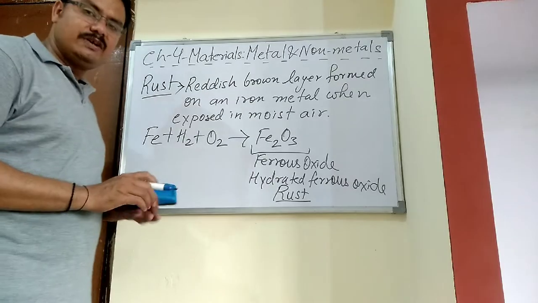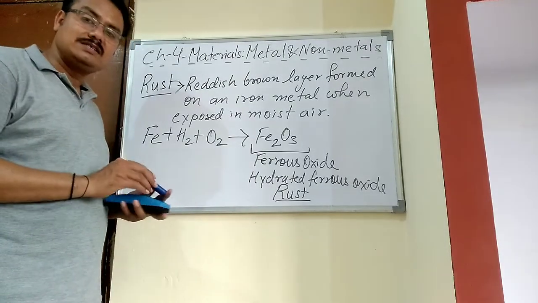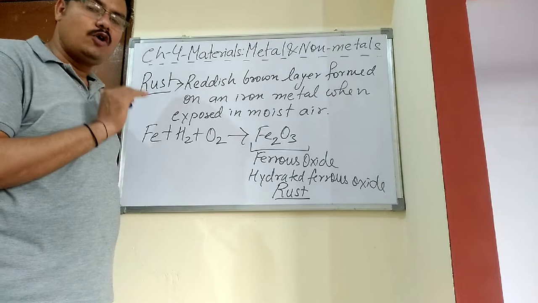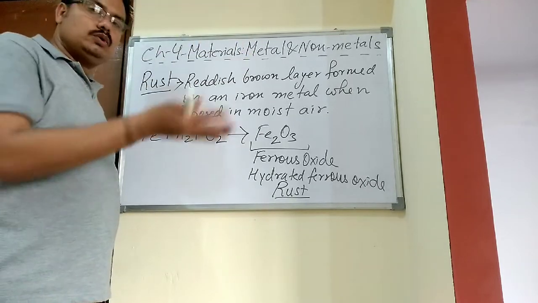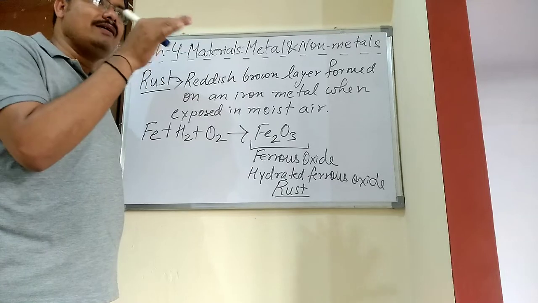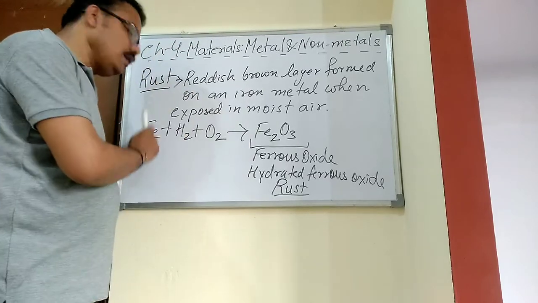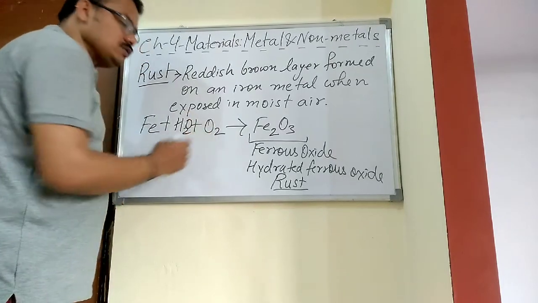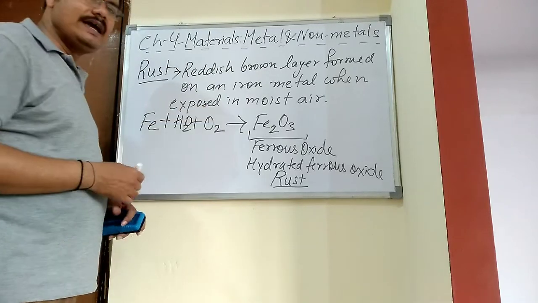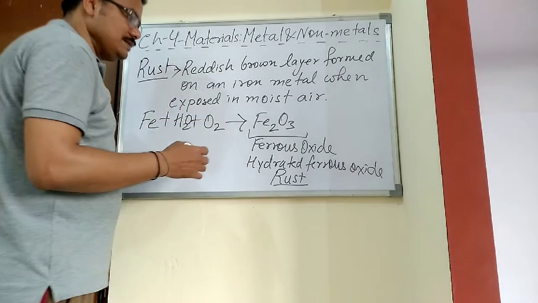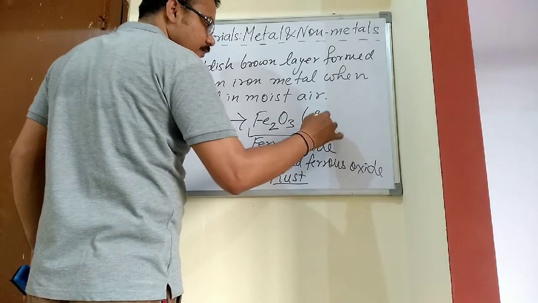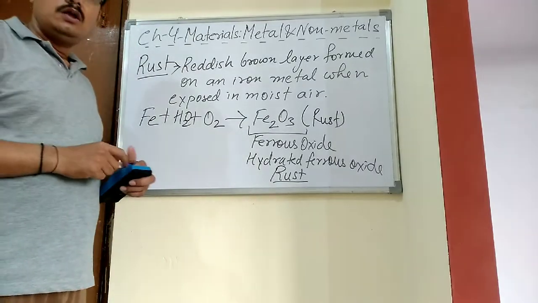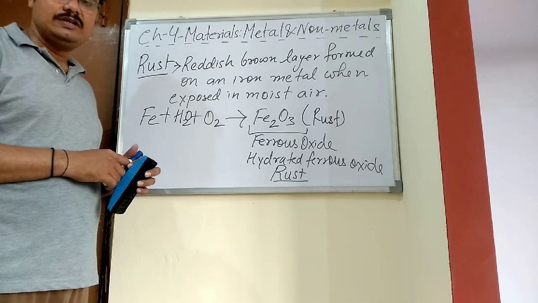I hope you have better understood what rust is and what rusting means. Rust is the reddish brown layer formed on an iron object left outside in the open, where moist air comes in contact with the iron. When iron comes in contact with water along with oxygen, it forms ferrous oxide, which is called rust, that is hydrated ferrous oxide. So students, this causes the loss of iron objects.